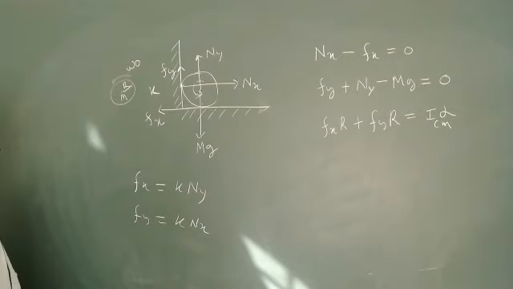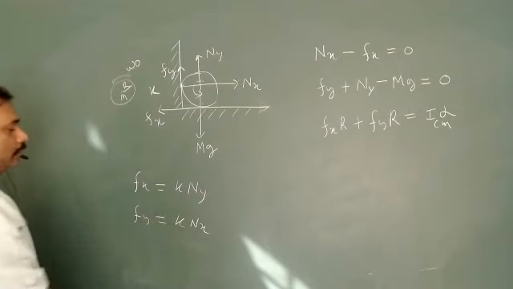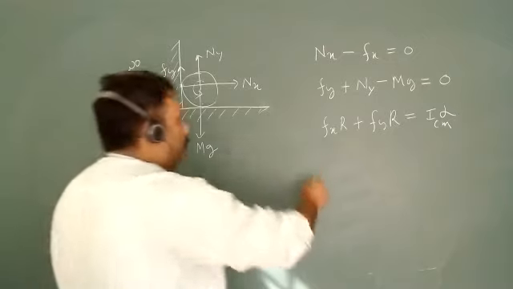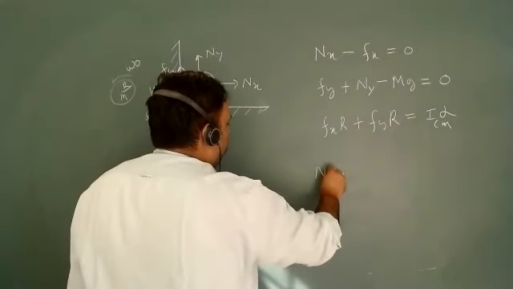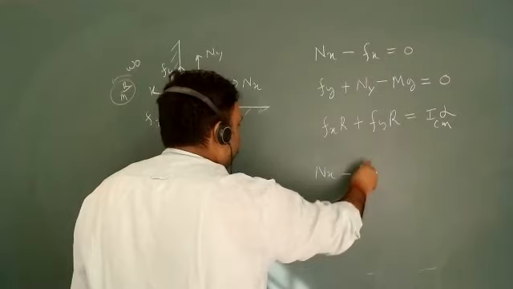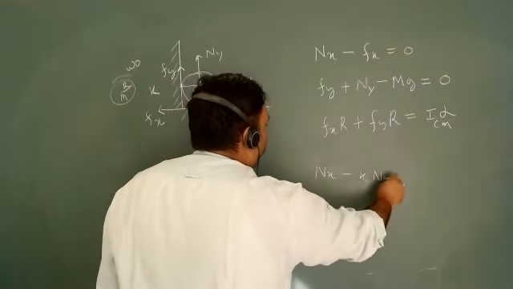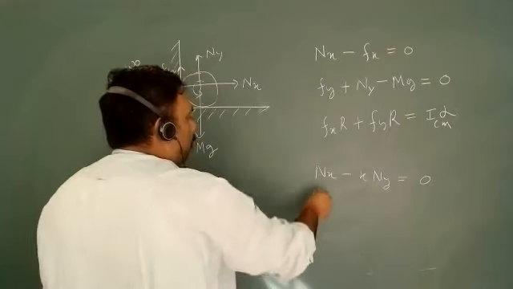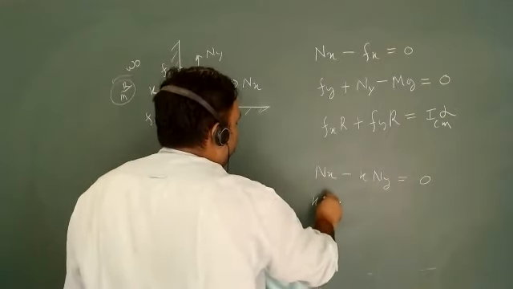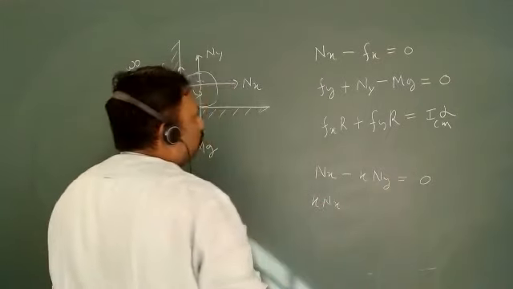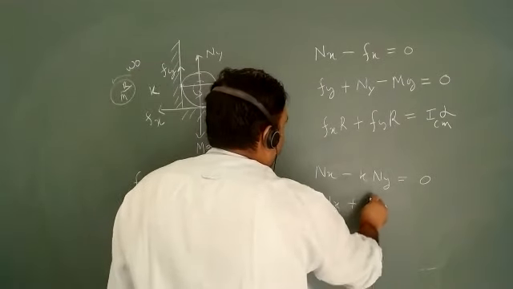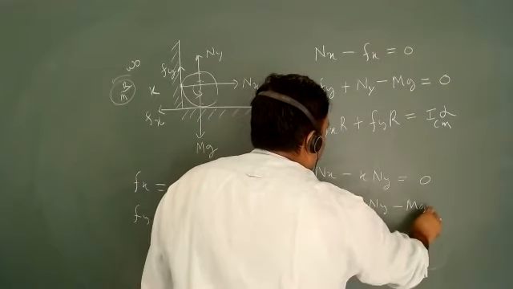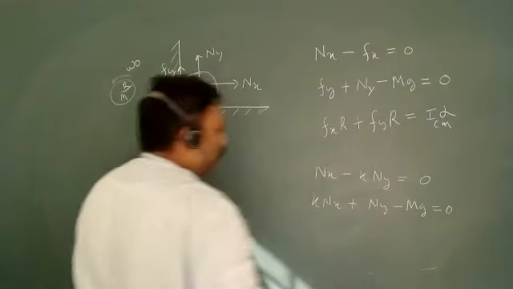Okay, this is your normal in the x direction. So I can put Fx, so this value is Nx minus K Ny is equal to 0, and here K Nx plus Ny minus Mg is equal to 0.